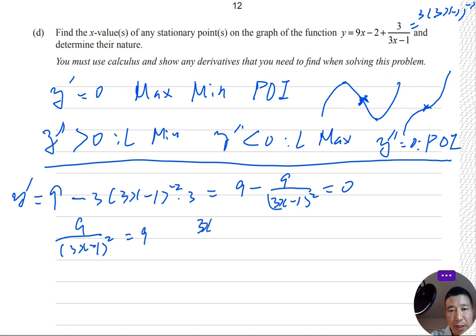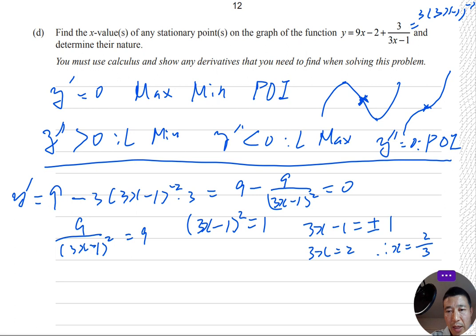That means 3x minus 1 squared equals 1. 3x minus 1 must be plus or minus the square root of 1, which is just 1. When I take a positive 1, 3x equals 2, hence x equals 2 over 3. And when I take negative 1, that means 3x equals 0, hence x equals 0.